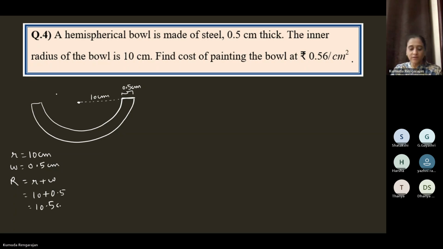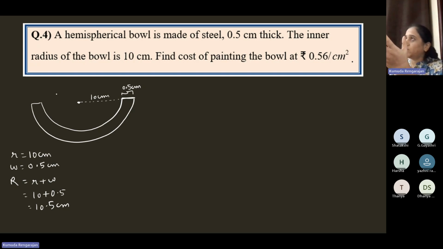All right. So you have to imagine this bowl, whose wall is thick. It's made of steel. The wall of the bowl is thick. You understand? The material is thick. So you need to identify the surfaces which have to be painted.